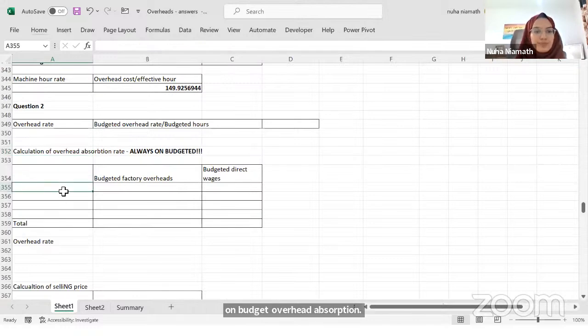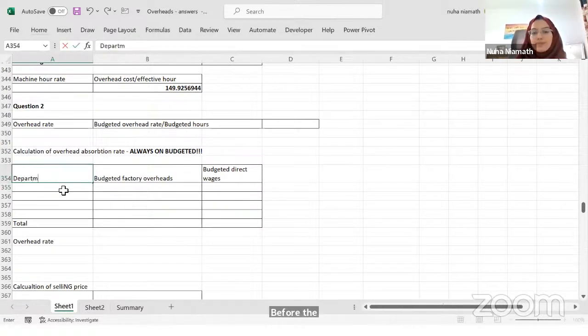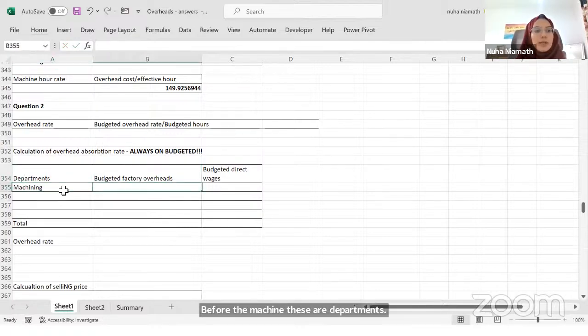So let's begin to find out what is our total factory overheads and total direct wages. Machining department has budgeted factory overheads, which is given in the question to be 3,60,000 and budgeted direct wages to be 80,000 rupees.